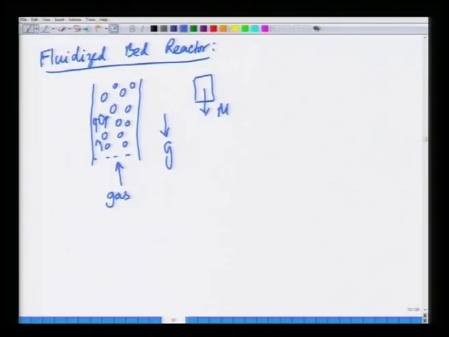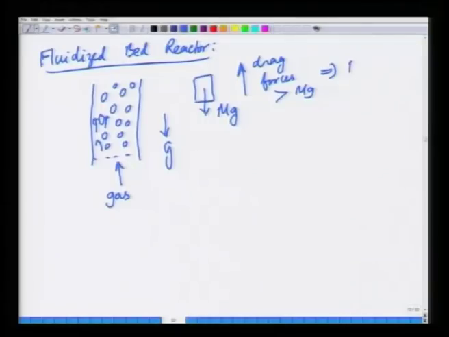So, there will be a weight mg that acts below, but when the drag force, that is the force that the fluid exerts on the solid particles, exceeds mg, then the whole bed is in a state of suspension. The solid particles are no longer in touch with each other. So, we say that the bed is fluidized.